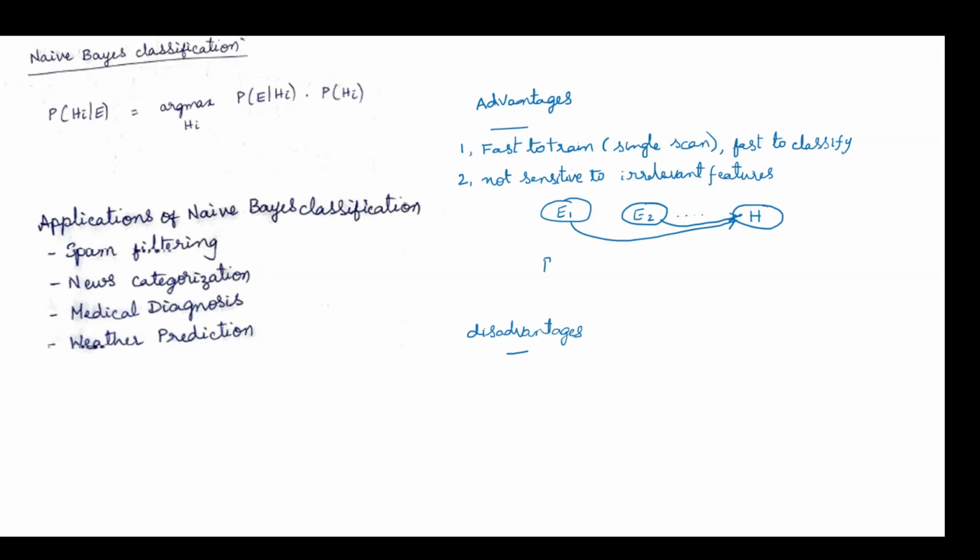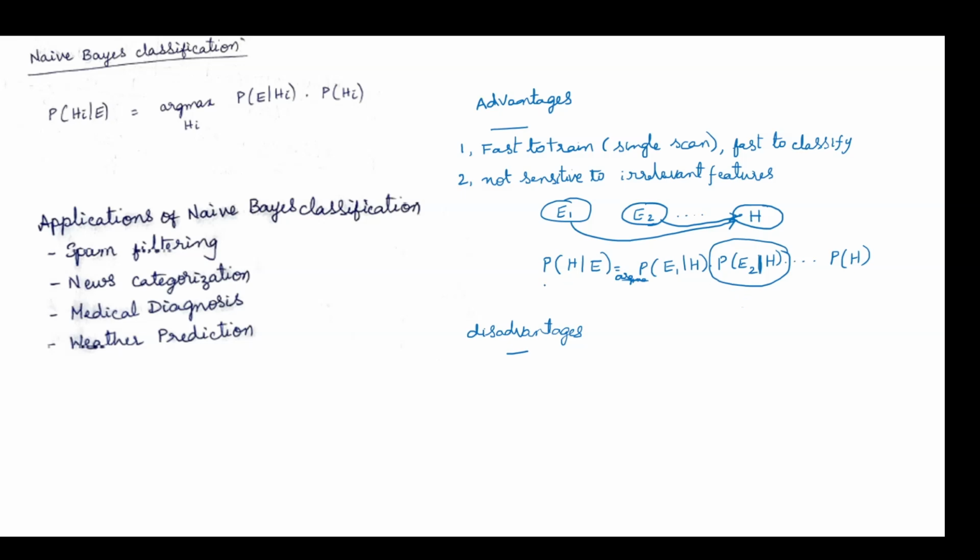When we evaluate P of H given E, it is P of E1 given H multiplied by P of E2 given H, finally multiplied by P of H. Whenever an irrelevant attribute E2 doesn't have enough effect on the hypothesis H, then the effect P of E2 given H is reduced.